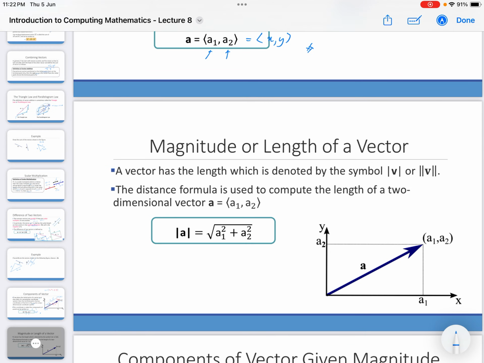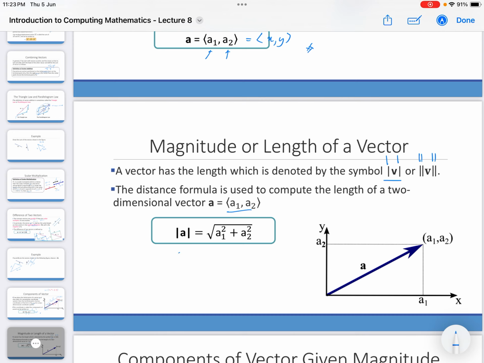Okay, next we will look at magnitude or length of a vector. A vector has the length which is denoted by this symbol. We use one vertical line like this, or we can also use two vertical lines like this. So this one is the magnitude or the length. The distance formula is used to compute the length of two-dimensional vector A, which has the components A1, A2.